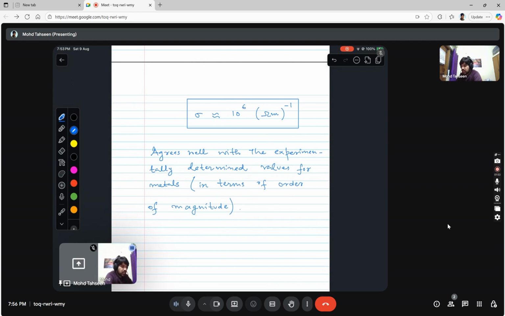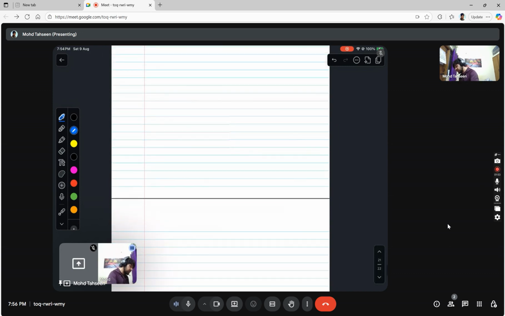So basically, there are 1,000 times more free electrons present in a metallic specimen than what is required by the ideal gas equations. So we have to be a little careful in applying these equations, but overall, it doesn't do so badly. The model predicts the value to a reasonable degree of agreement. Okay, and similarly for thermal conductivity as well.